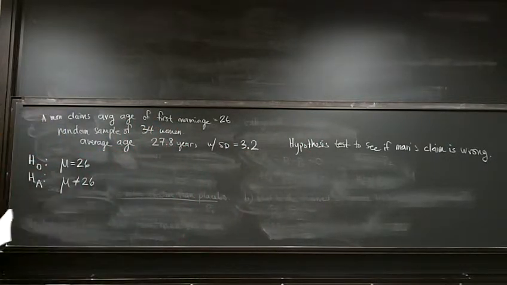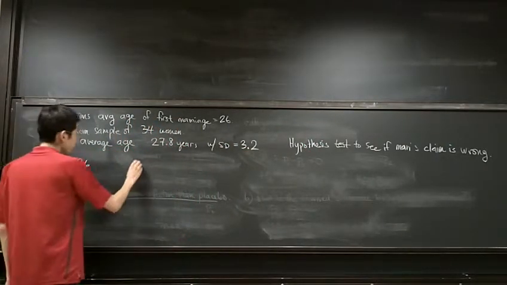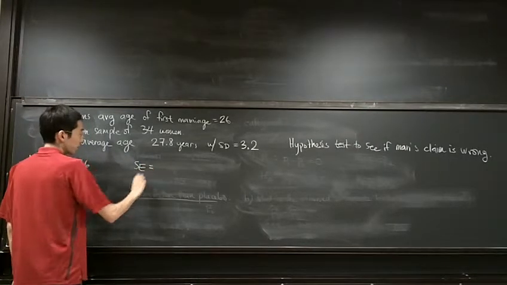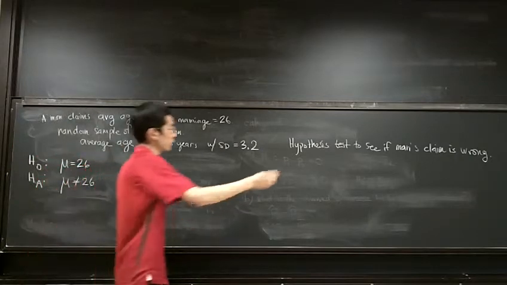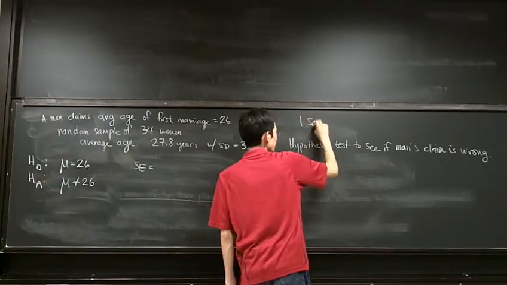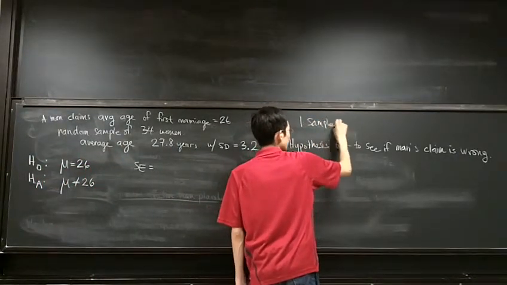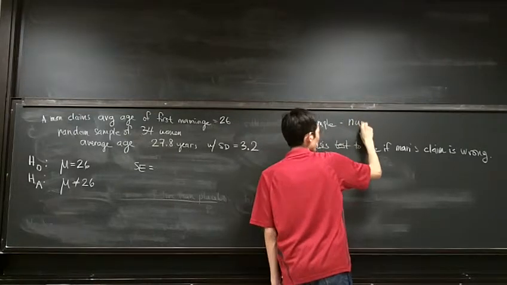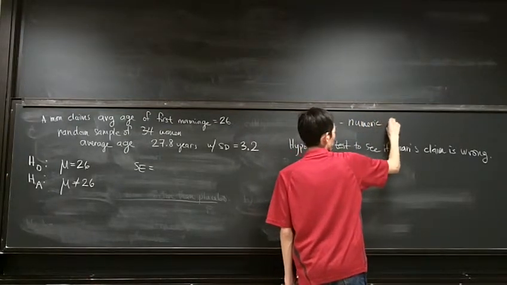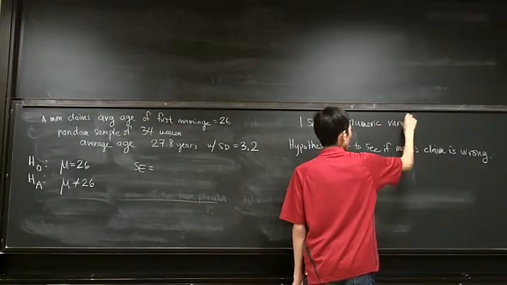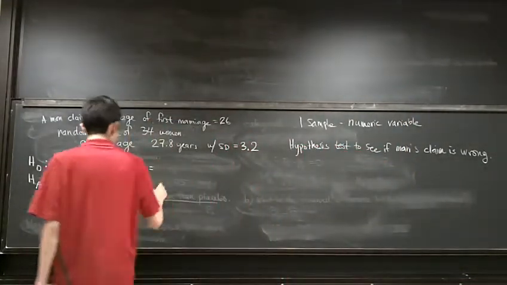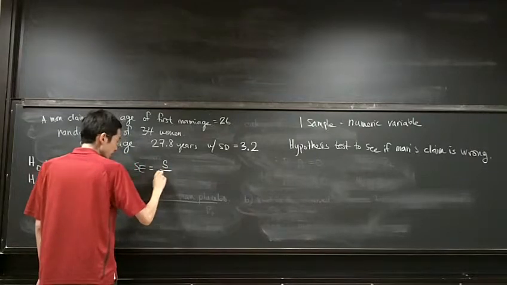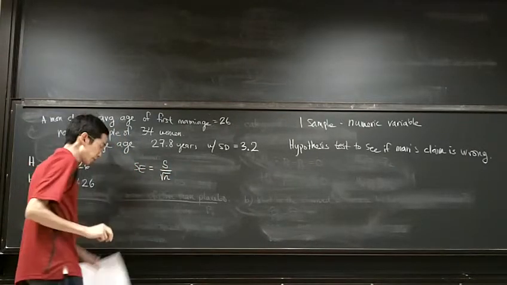What is the standard error? For one sample, numeric variable, I should write that we have one sample and a numeric variable. The standard error is s over the square root of n.